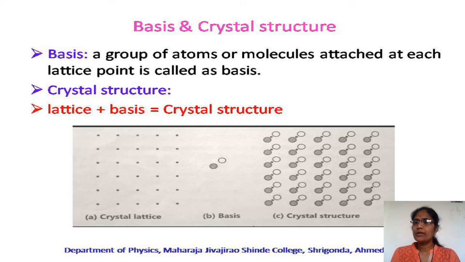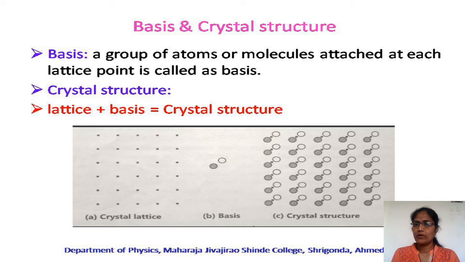In order to maintain the periodicity, one should have the locations where I have to place the copper atoms. So initially we have to draw or consider a lattice. It is nothing but the arrangement of points at regular intervals. And to that, we have to attach copper atoms.